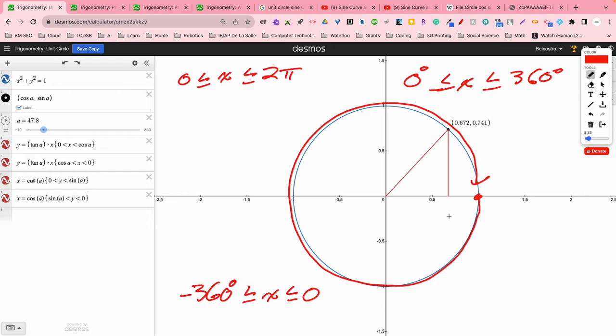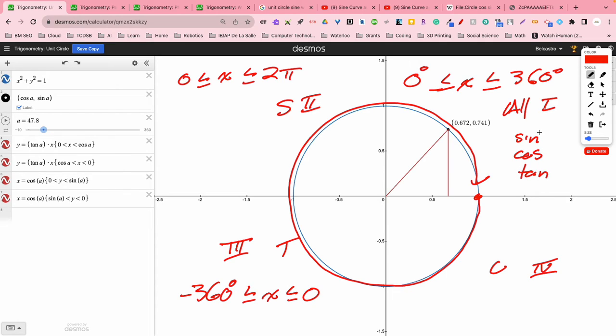This unit circle also makes a really nice connection to something called CAST. Have you talked about this at all? No. Okay. The CAST system tells you which of your trig functions are positive in certain quadrants. So this is quadrant 1, quadrant 2, quadrant 3, quadrant 4. It turns out all of my functions, sine, cos, tan, are positive if you're in quadrant 1.